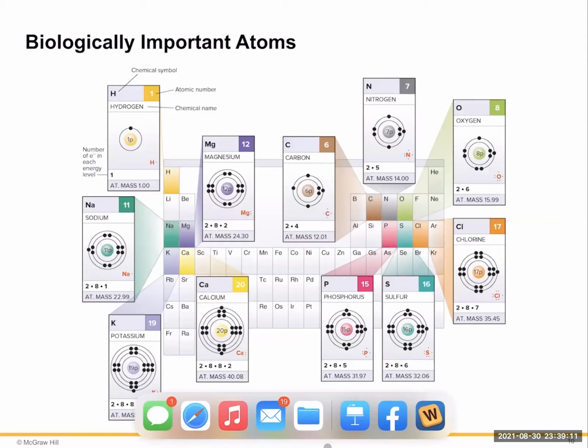Biologically important ones: the 4 basic ones that make up most are carbon, hydrogen, oxygen, and nitrogen. The other ones make up smaller masses, but those are the 4 main elements. So you have hydrogen. You have sodium, Na, with atomic number 11.